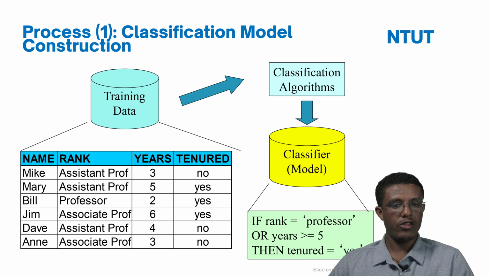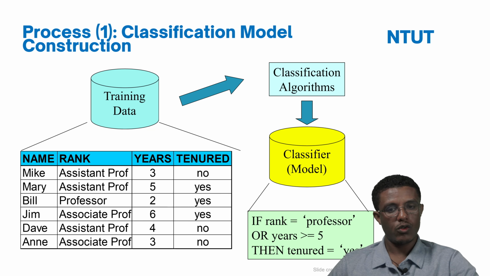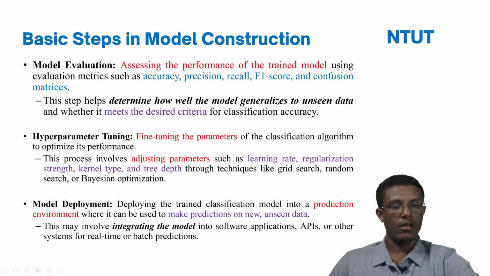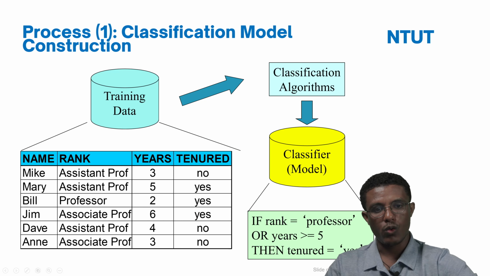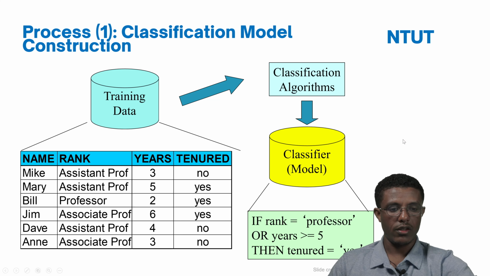If the rank is professor, by default he is tenured. If the rank is assistant professor but he has more than 5 years of experience, he still becomes tenured. Based on this, when we give new data, the model can classify it. This is how to classify. So this is the training; we train the model, and then next we test it.